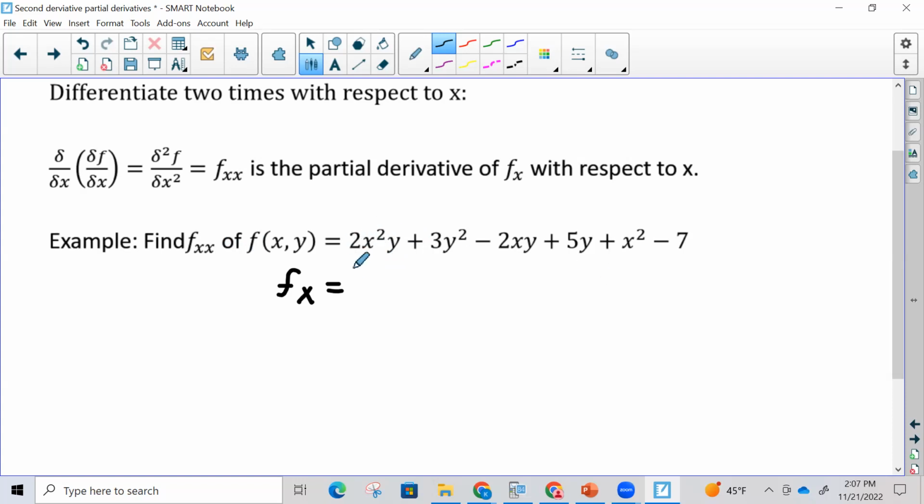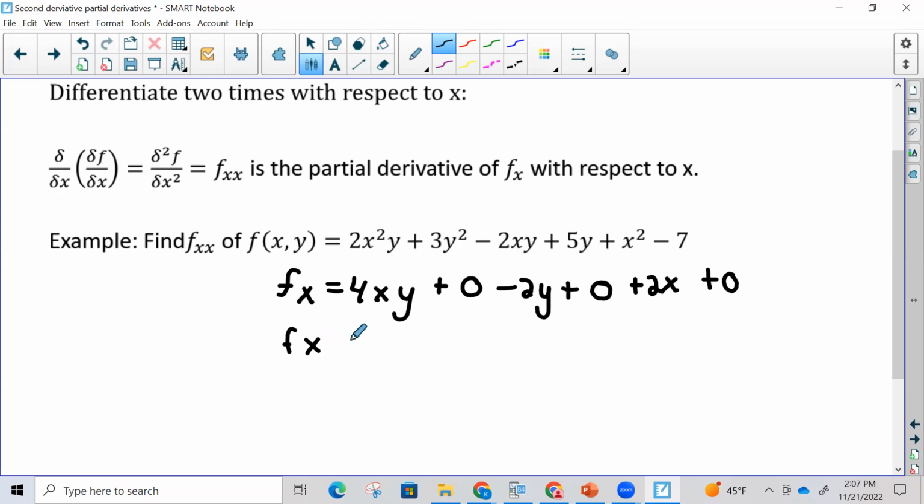So we have 2x squared, the derivative of that is 4x, and then we leave the y since that's like a constant multiplied by it. 3y squared has no x, so the derivative is 0. Minus 2xy, so the derivative of negative 2x is minus 2, and then we need to leave the y. 5y is considered a constant in this case, so it's 0. x squared is 2x, and minus 7 is plus 0.